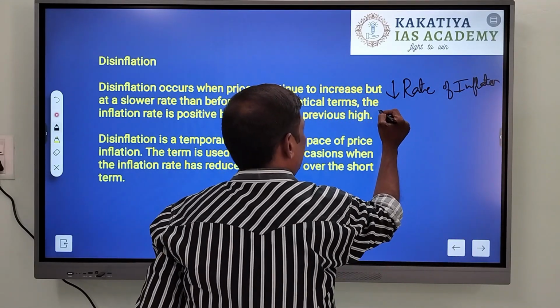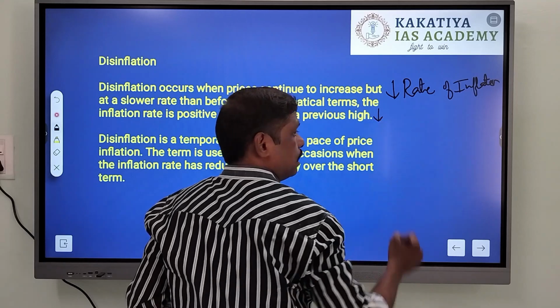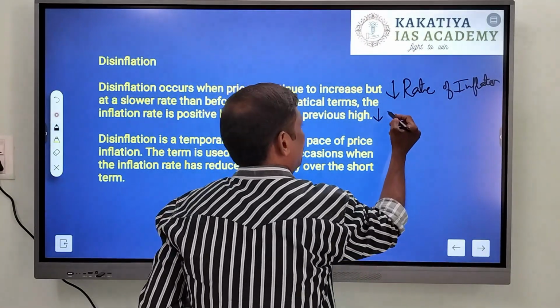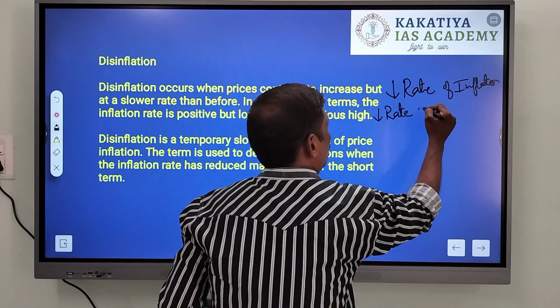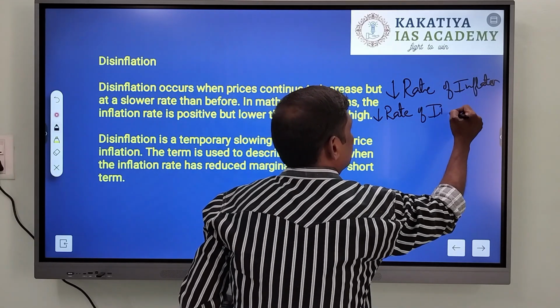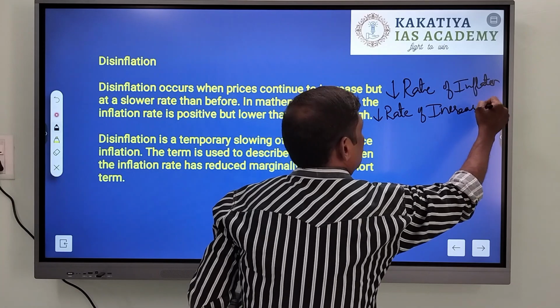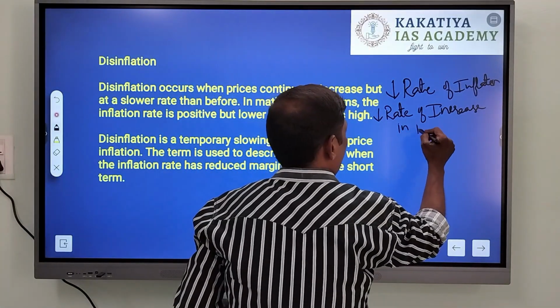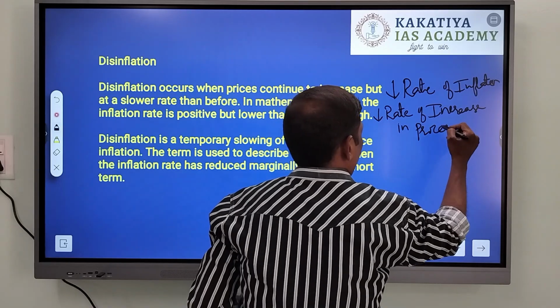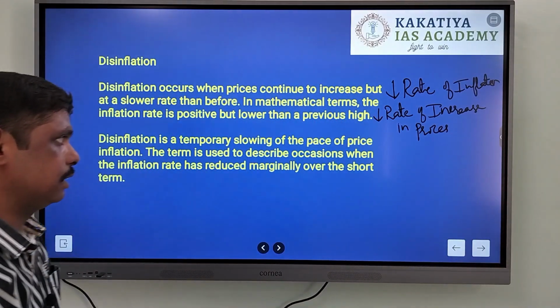That is, it denotes a decrease in the rate of increase. It is the rate of increase in prices.